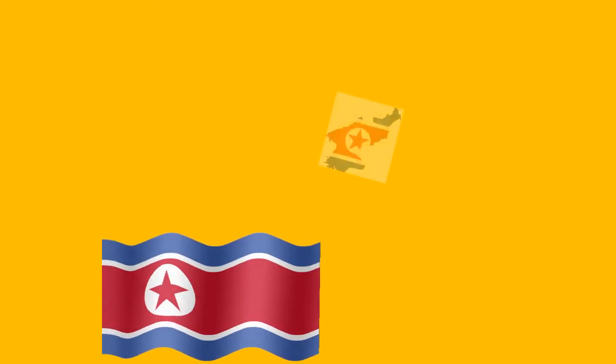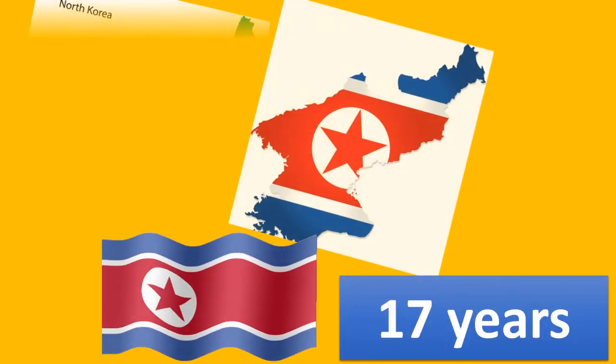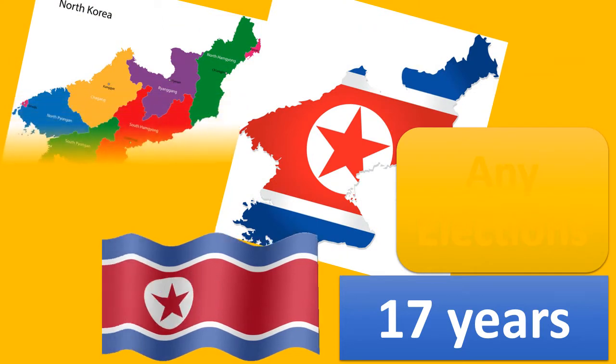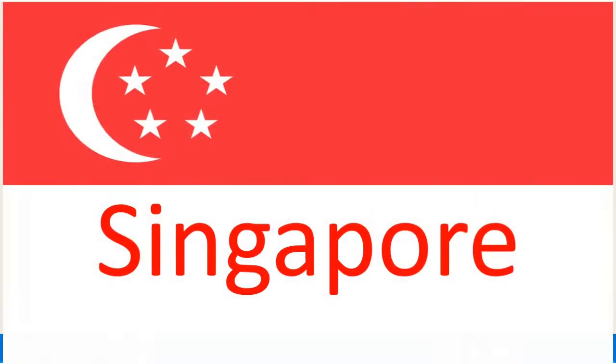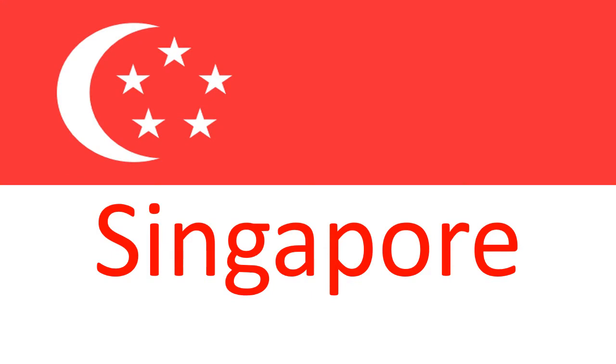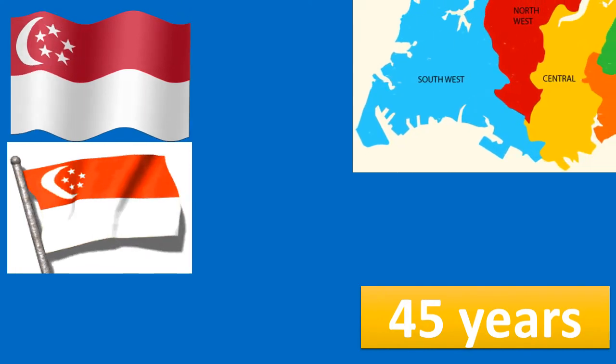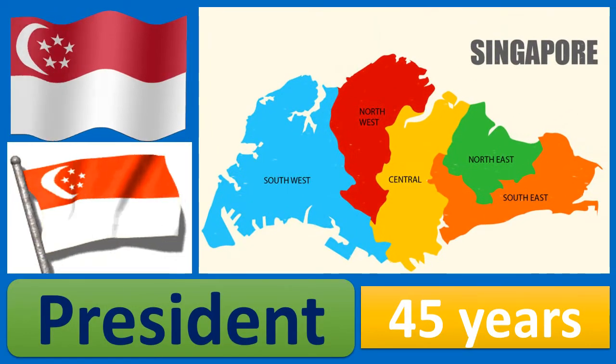In North Korea, any person with 17 years of age can contest in the elections. In Singapore, 45 years is the minimum age required to contest in the president elections.